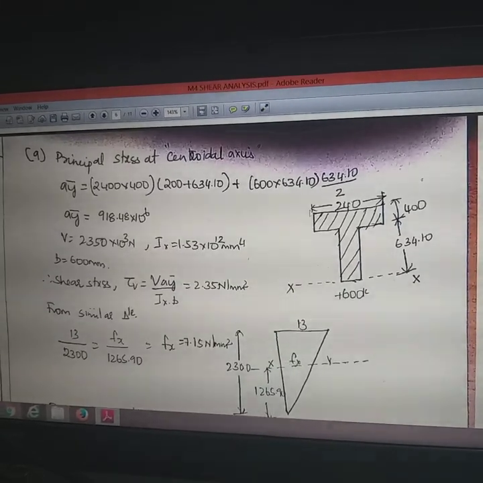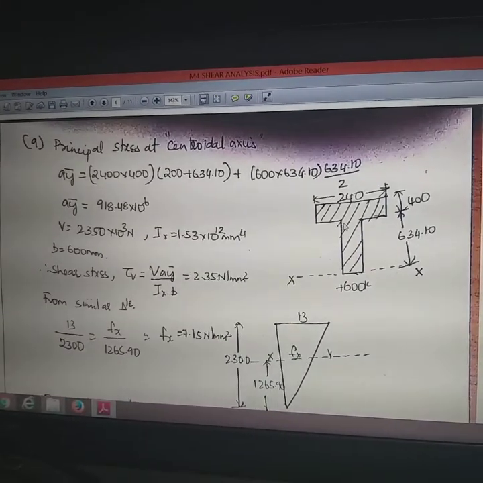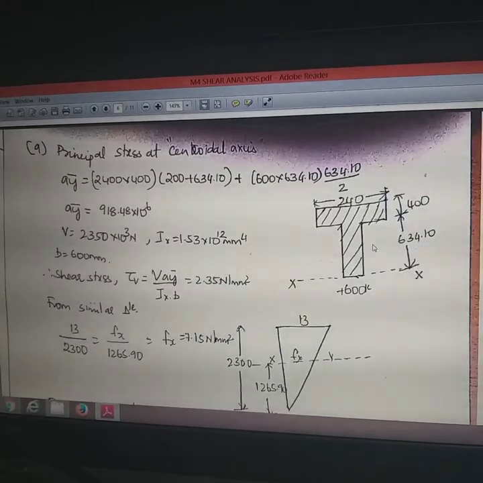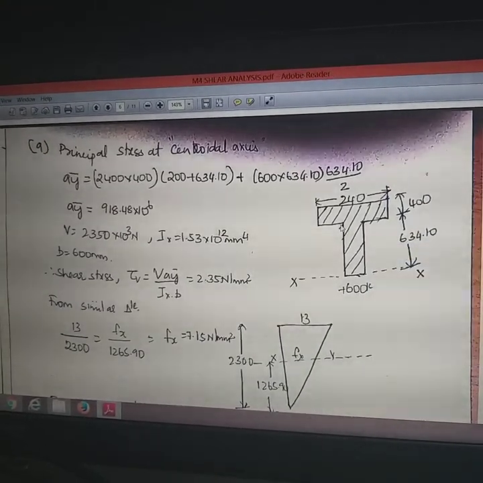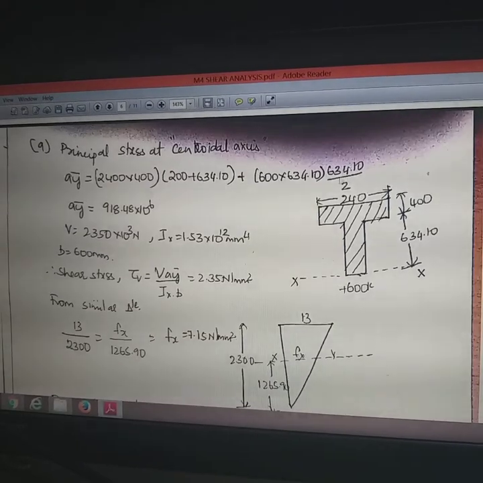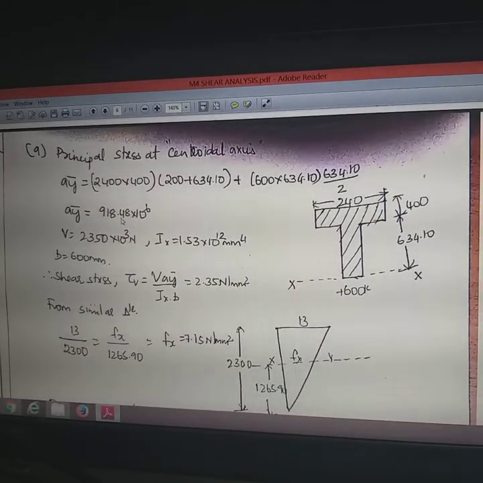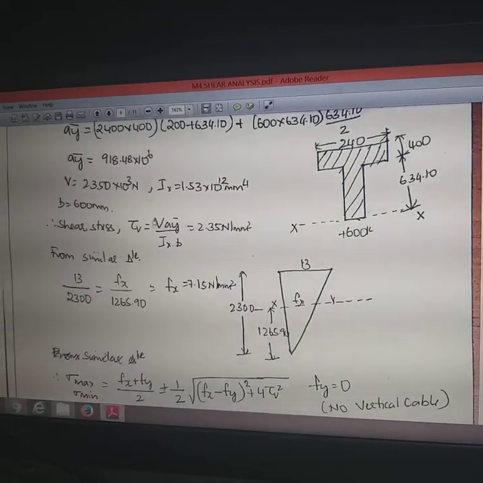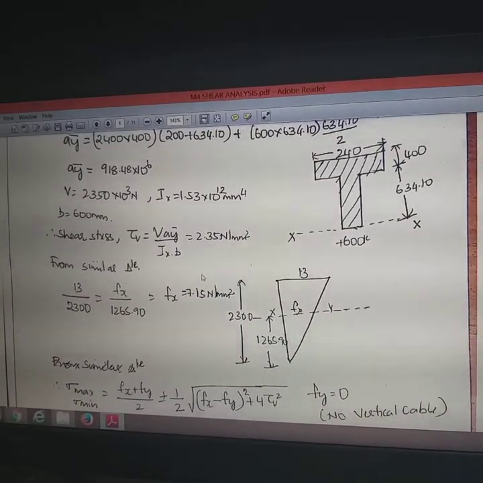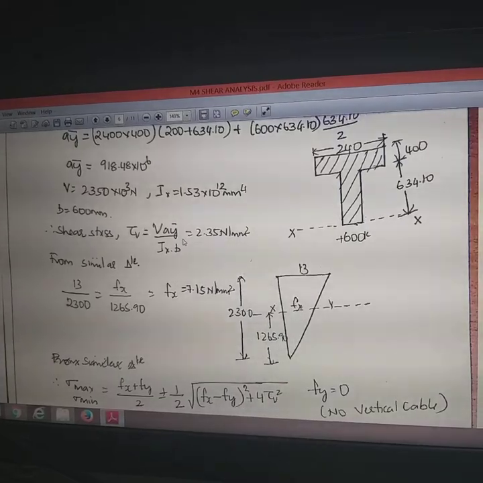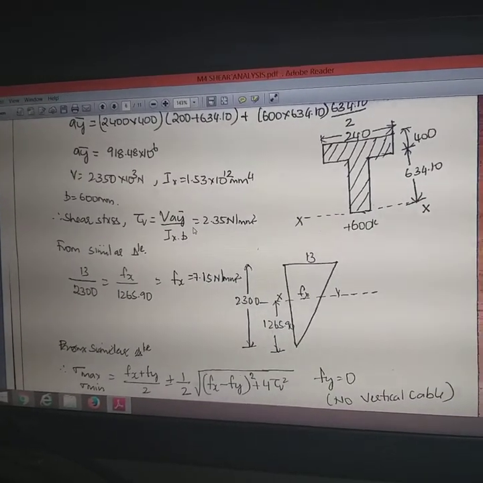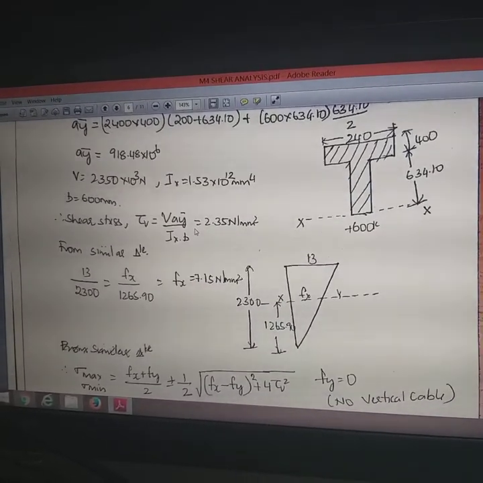Next 600, this portion, next 634.10 divided by 2 will give you the first moment of area. Substitute everything in the shear equation and we will get the tau v value.